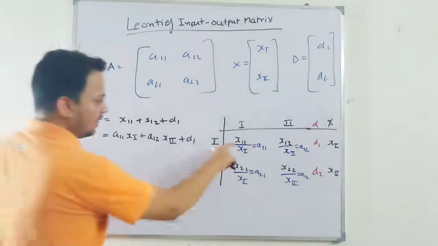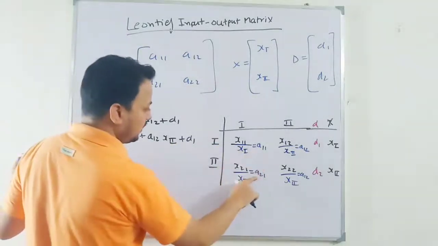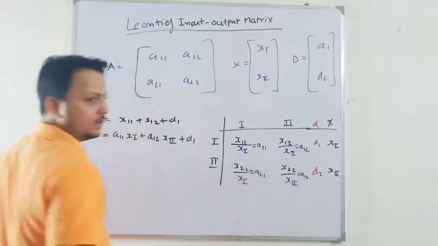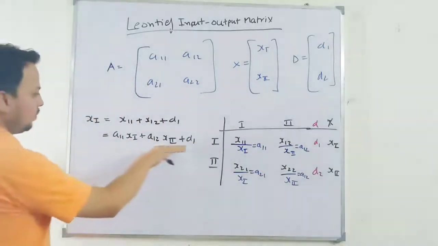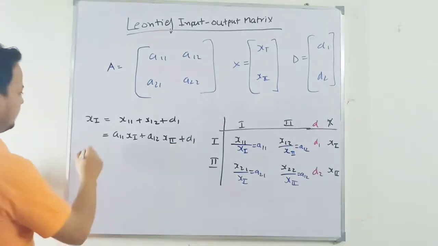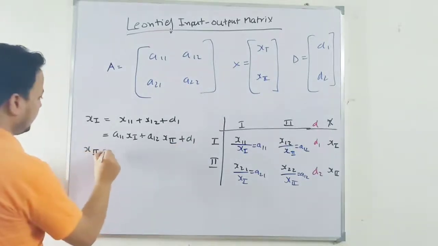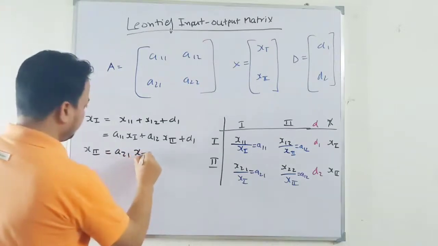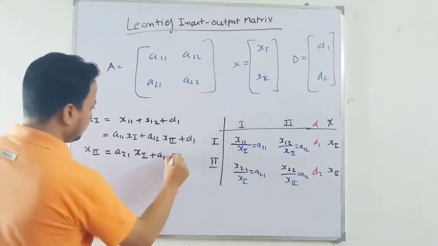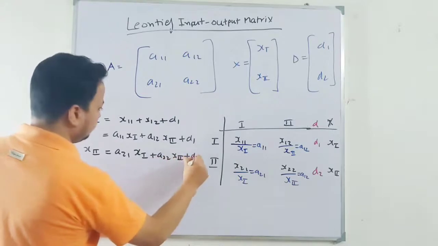What I had done before was A11 plus A21 D1. That is wrong. I am taking the gross output demand, so the formula will be like this. Similarly for industry 2, it will be A21 x1 plus A22 x2 plus D2.